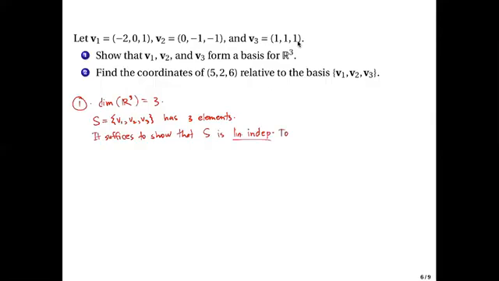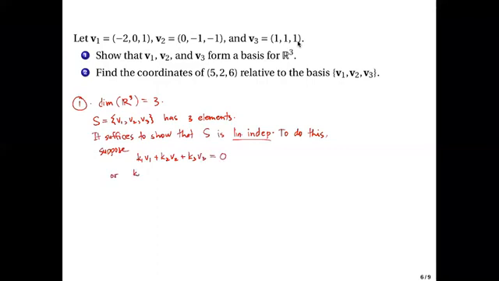So to do this, suppose we have k1 v1 plus k2 v2 plus k3 v3 equal to the 0 vector.